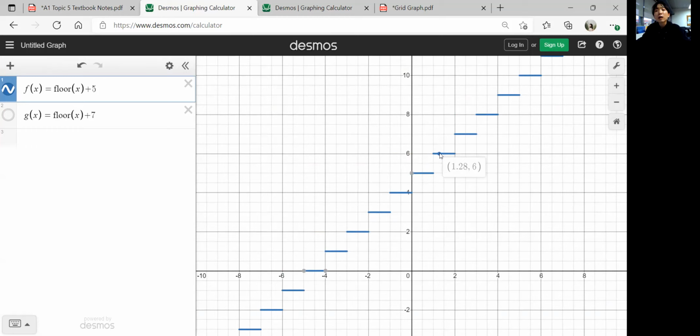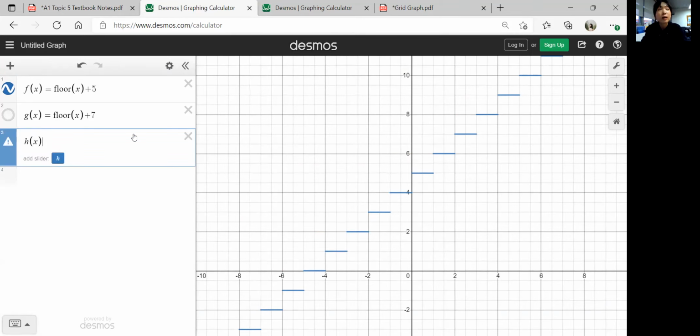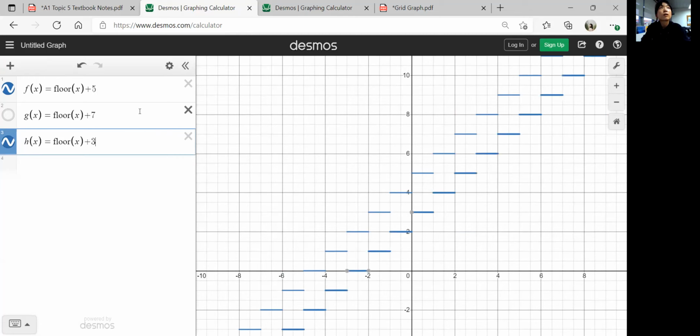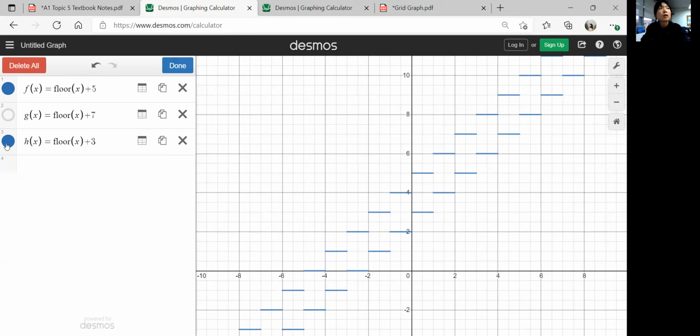But if the bonus points decrease by 2 points, you have a transformation function where you can write h of x is equal to floor x plus 5 minus 2, which is 3. So if it decreases, the graph becomes the orange one.